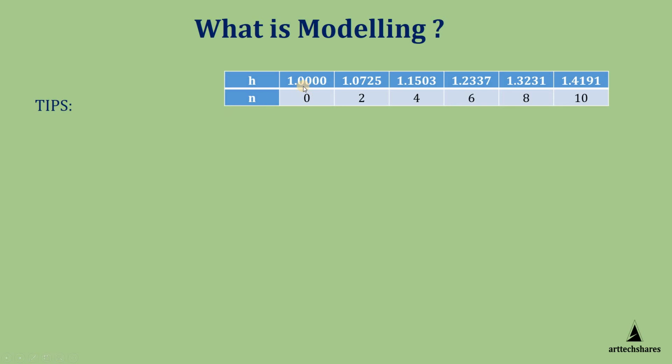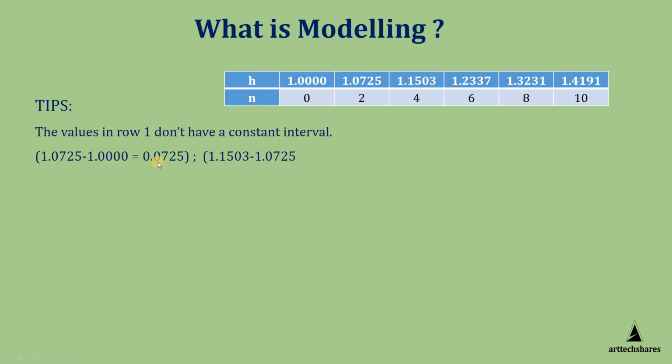So the values in row 1 don't have a constant interval. That means if you subtract one value from another, you don't get a constant value. You can see that here. So these two values are different.